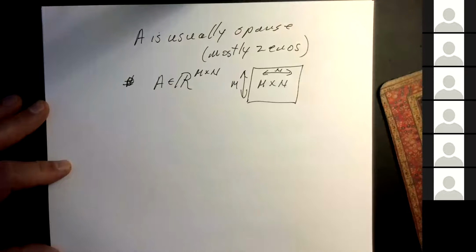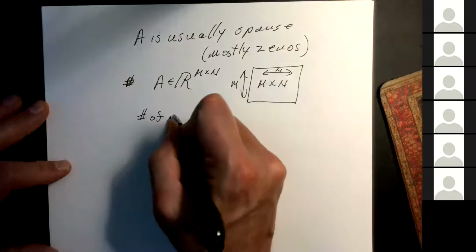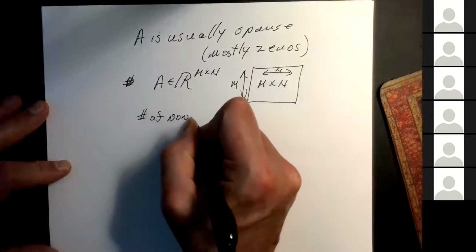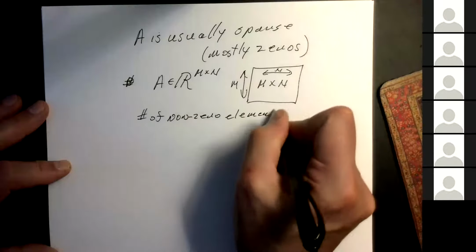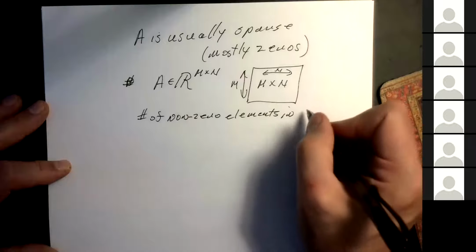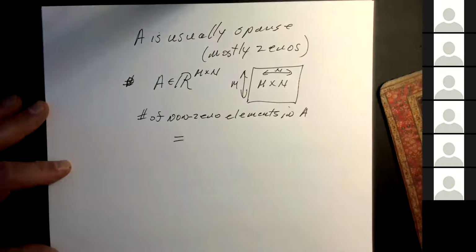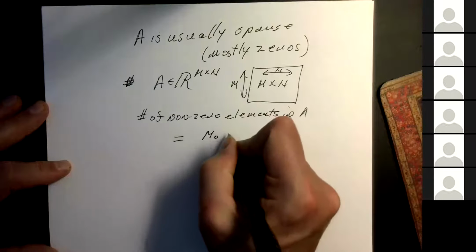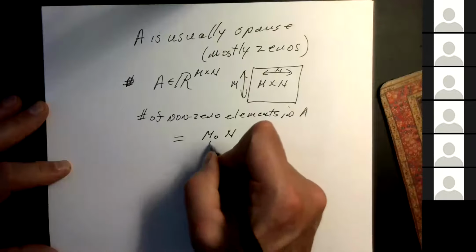So the number of non-zero elements in A is equal to n times m0.